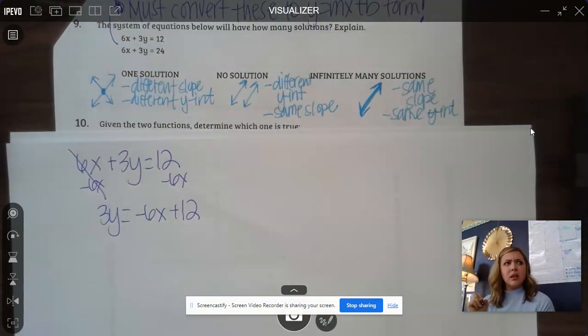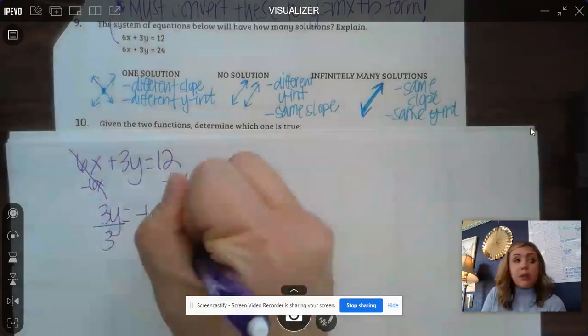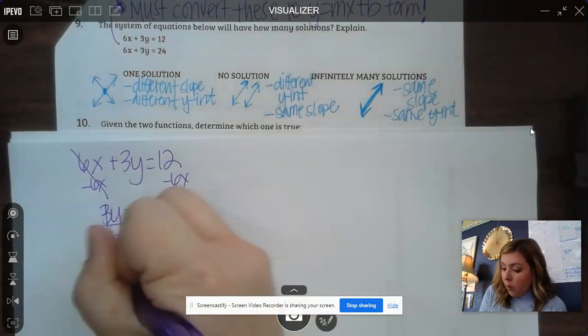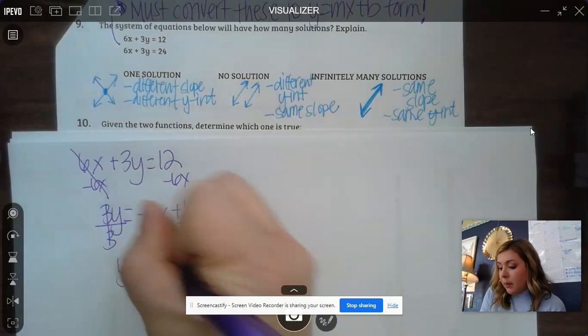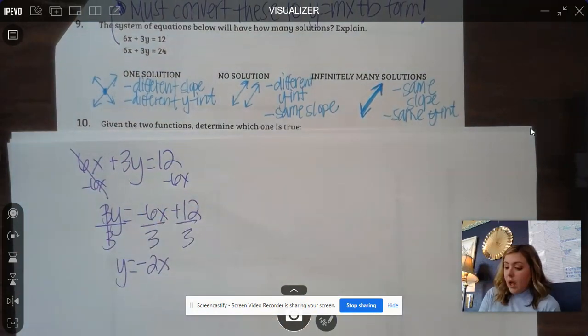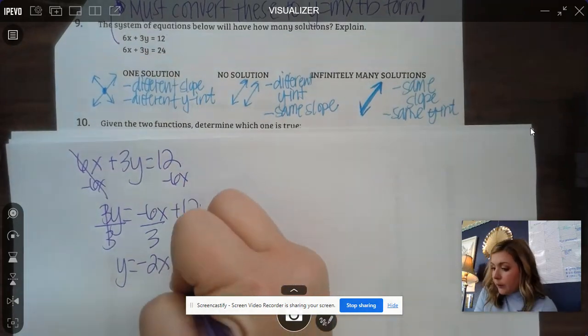What's next? Good. Divide by 3, and divide by 3. You should be writing this. Y equals negative 6 divided by 3 is negative 2x. And 12 divided by 3 is positive 4. Okay?